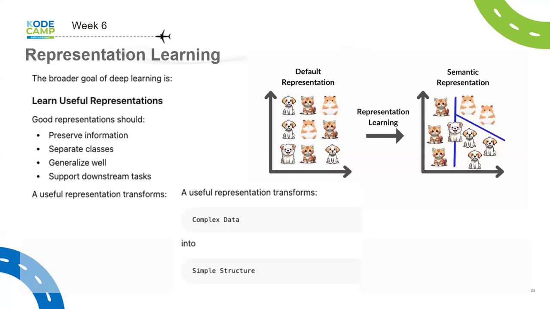So what representation learning does is that it allows you to take things that are similar and group them. This is a good example. Here, in the default representation, you have dogs and cats, but in the internal representation or knowledge representation of that model, it is able to create decision boundaries like this, where it is able to group things that are similar into the same clusters.